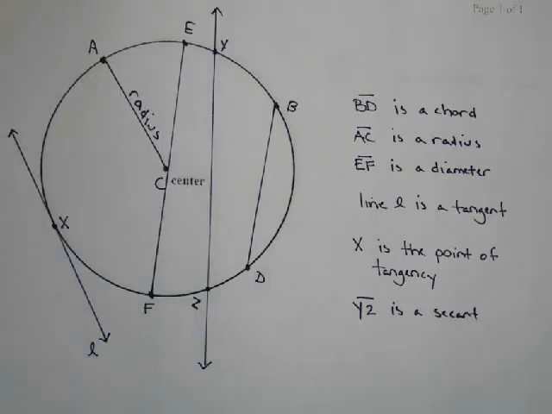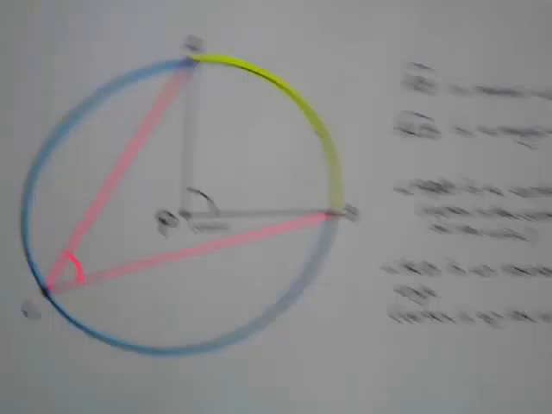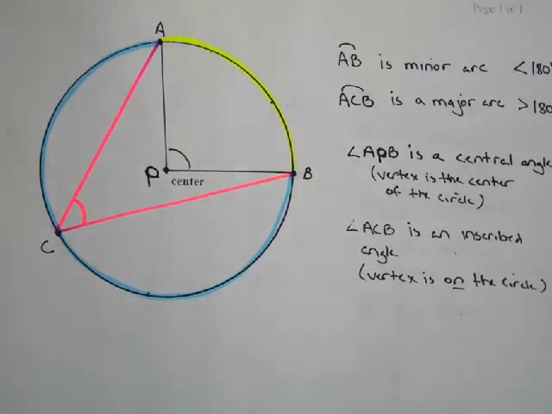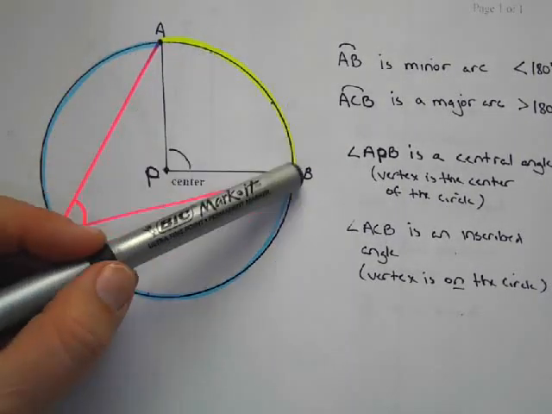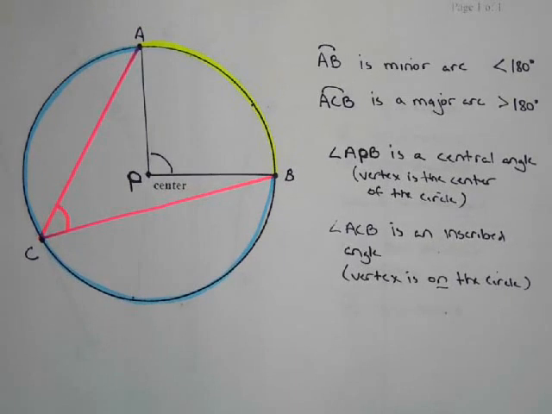Arcs and angles in a circle. Arc AB is a minor arc. It's less than 180 degrees. Arc ACB is a major arc because it's greater than 180 degrees. Angle APB has its vertex at the center of the circle, so that's called a central angle.